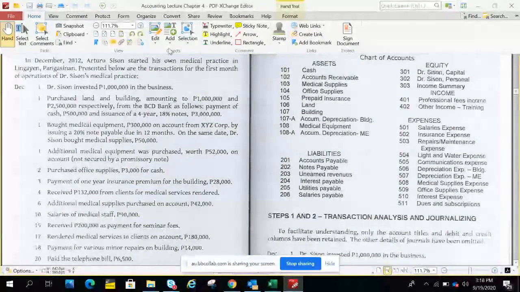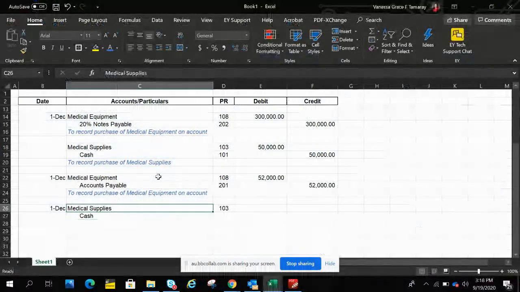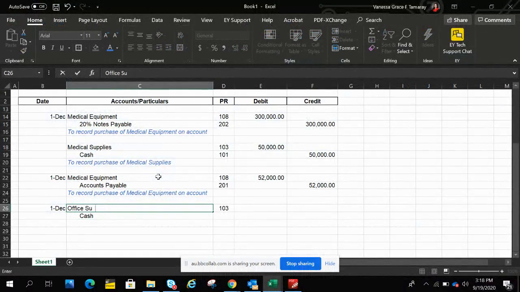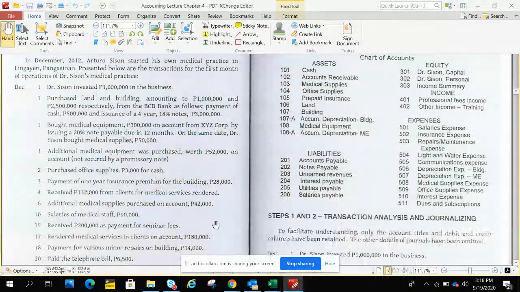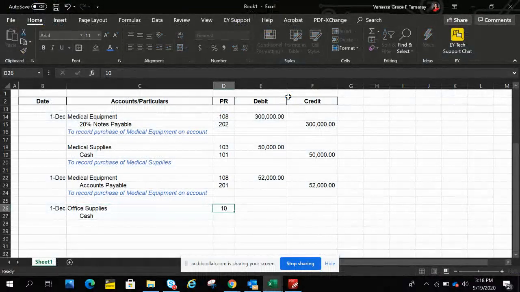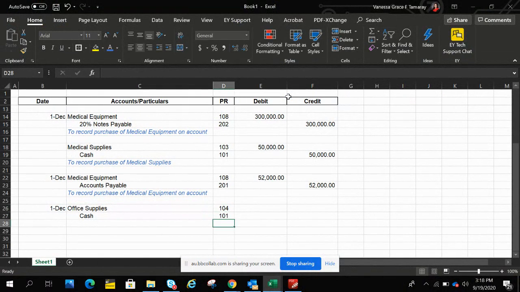Magkano daw? 3,000 pesos. Office supplies. Office supplies, 104. 3,000 pesos. Credit, cash, 3,000 pesos.